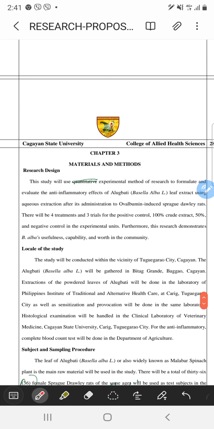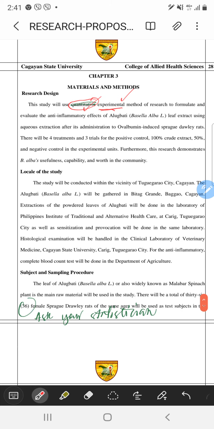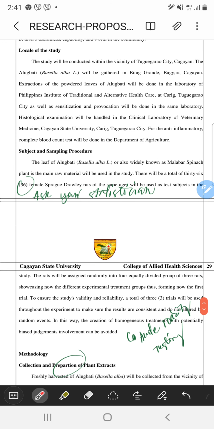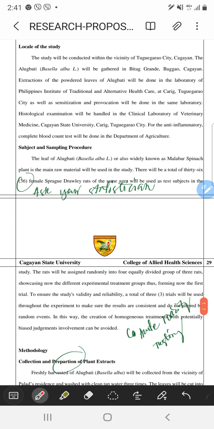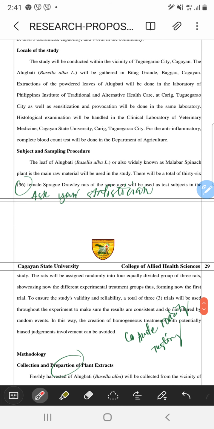And then for your materials and methods, when you say it's experimental already, it's understood that it is quantitative. So you can say it's quantitative or experimental would be more fitting for your paper. And then locale of the study, subject and sampling procedure. You have here your subject.